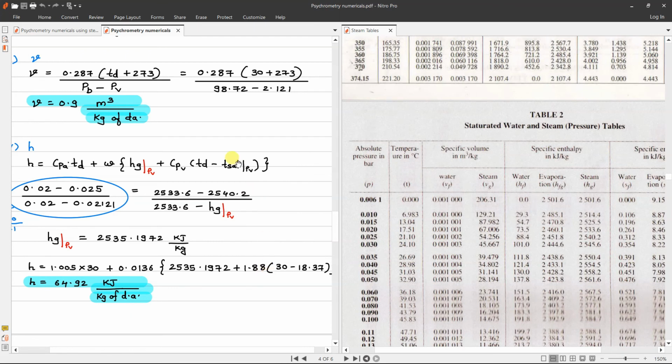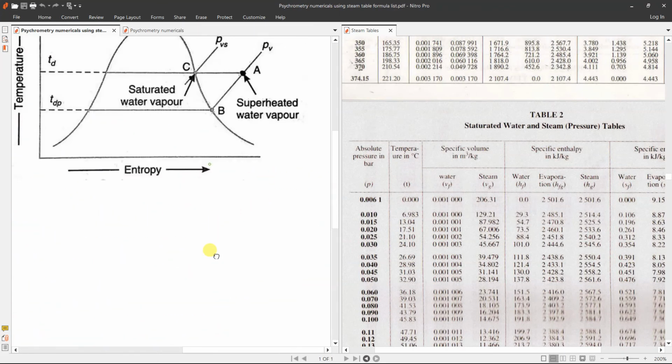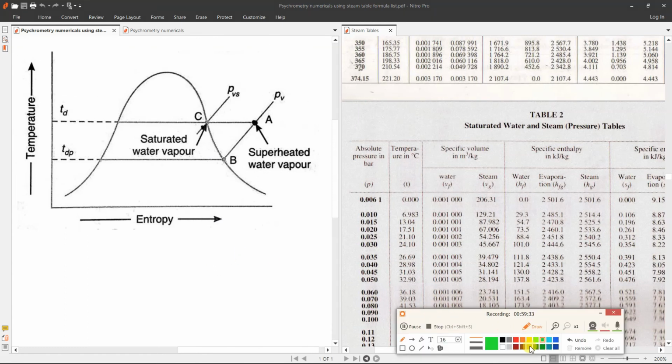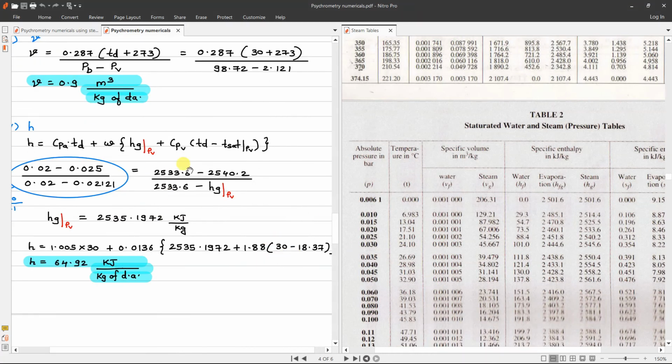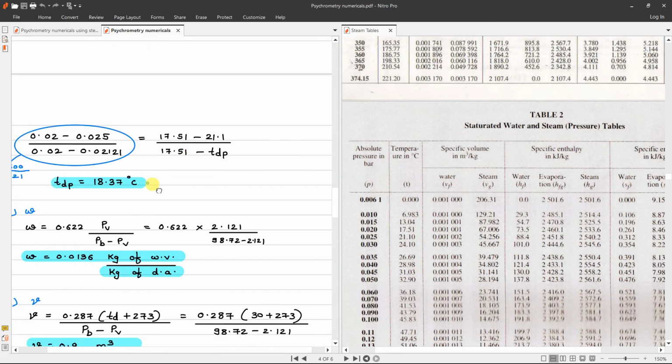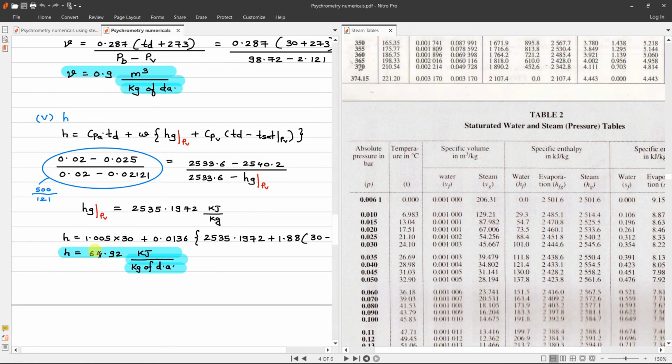Td is 30 and Tsat at PV. See the diagram. What is that Tsat at PV? This Tsat at PV is equal to the dew point temperature. Okay, so I have substituted the dew point temperature which we have already calculated over here, which is 18.37. So you will get the specific enthalpy value. Unit of this is kilojoule per kg of dry air.